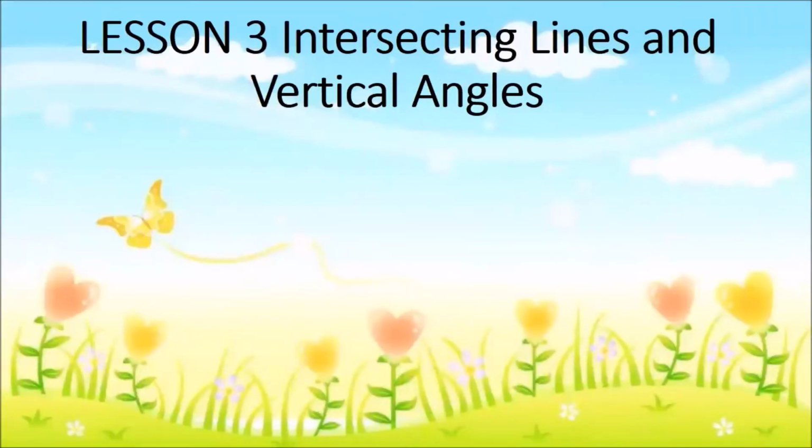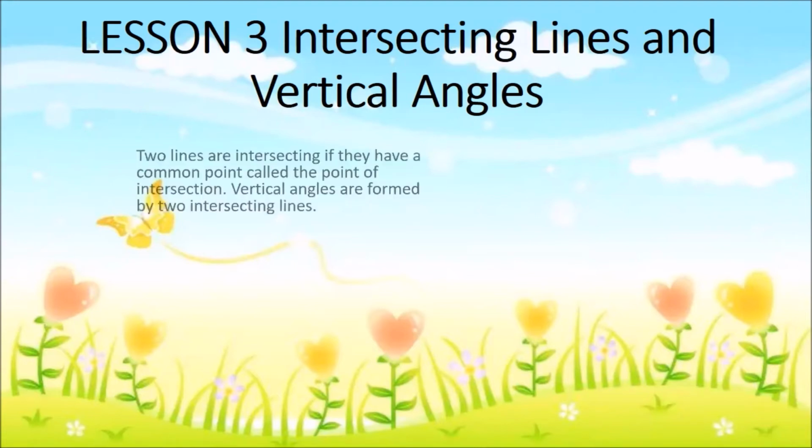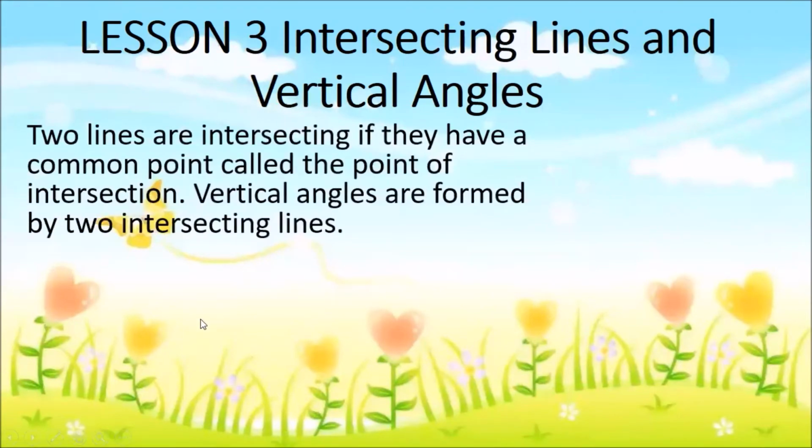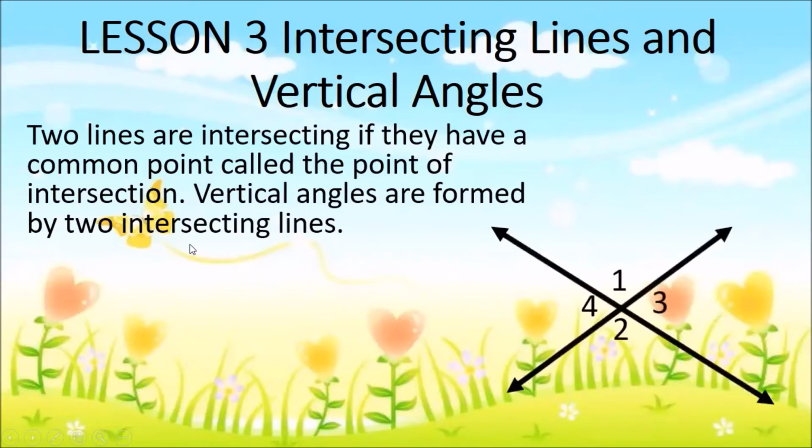Lesson 3, intersecting lines and vertical angles. We cannot form vertical angles nang hindi magkakaroon ng intersection ang dalawang lines. Because of the intersection point, nagfo-form ng vertical angles. Two lines are intersecting if they have a common point called the point of intersection, and vertical angles are formed by two intersecting lines.